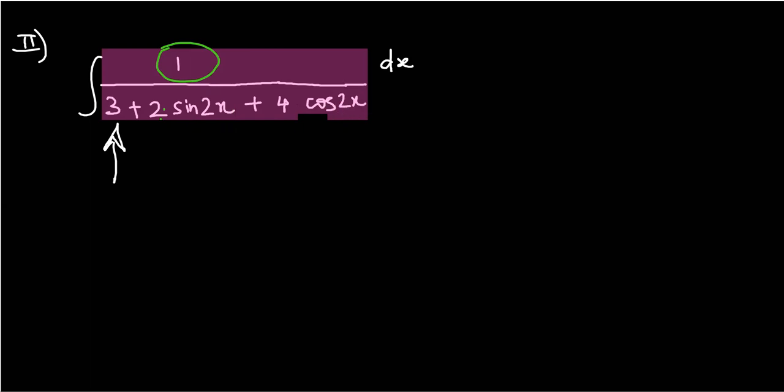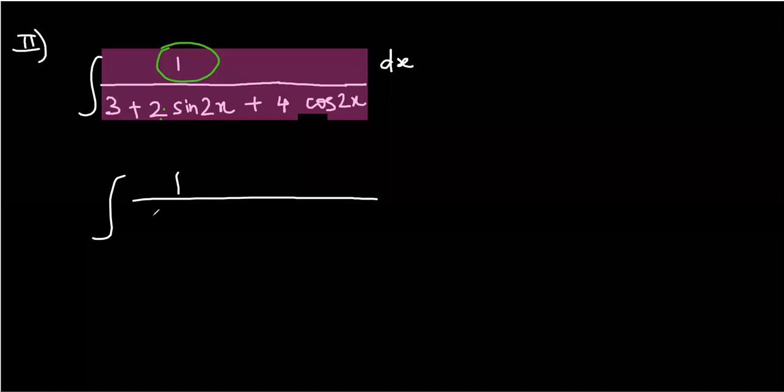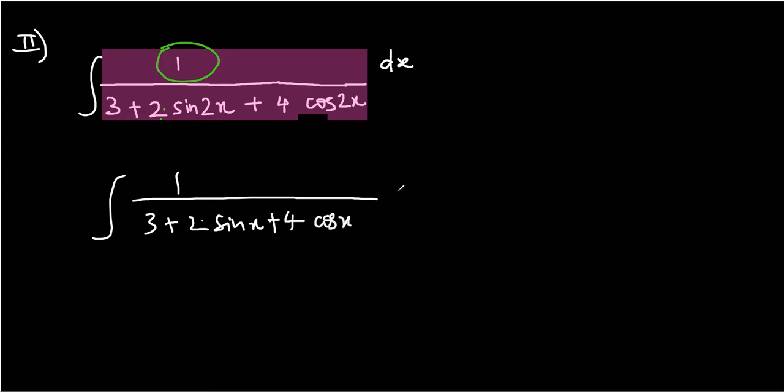Now, what did you do when you had sine x and cos x? Do you remember? Suppose this question had been 1 over 3 plus 2 sine x plus 4 cos x dx. If the question had been this, what would you have done? You would have taken sine x and cos x with their half angle formula in terms of tan.